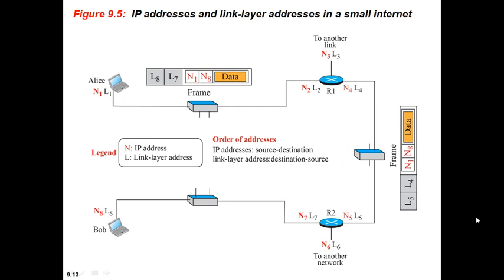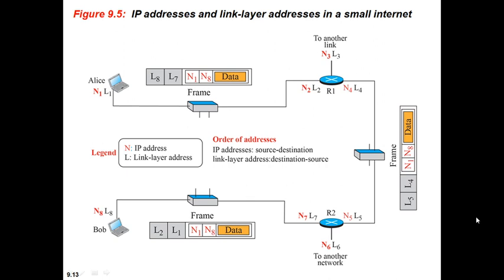But the link layer addresses of the frame change from link to link. In link 1, the link layer addresses are L1 and L2. In link 2, they are L4 and L5, and in link 3 they are L7 and L8. We can see the IP addresses and the link layer addresses are not in the same order. For IP addresses, the source address comes before the destination address.